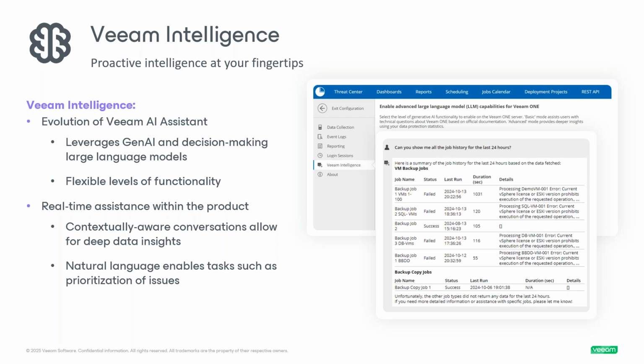For example, you may ask simple questions like, can you show me all the job history for the last 24 hours? So it provides contextually aware conversations, allows organizations deep data insights, and uses natural language to prioritize certain issues. And of course, it gives you recommendations as well, right? If you need to.